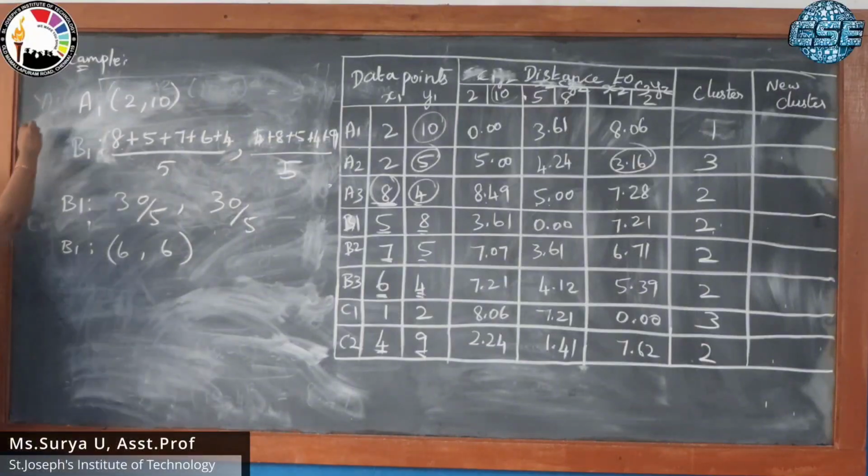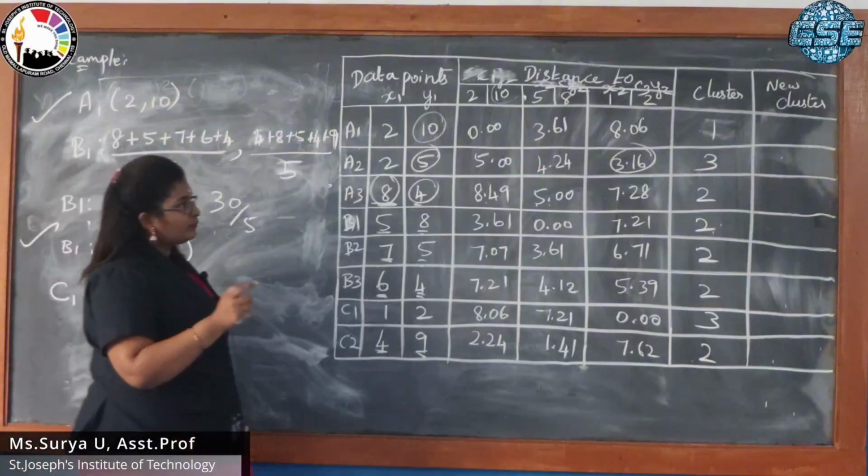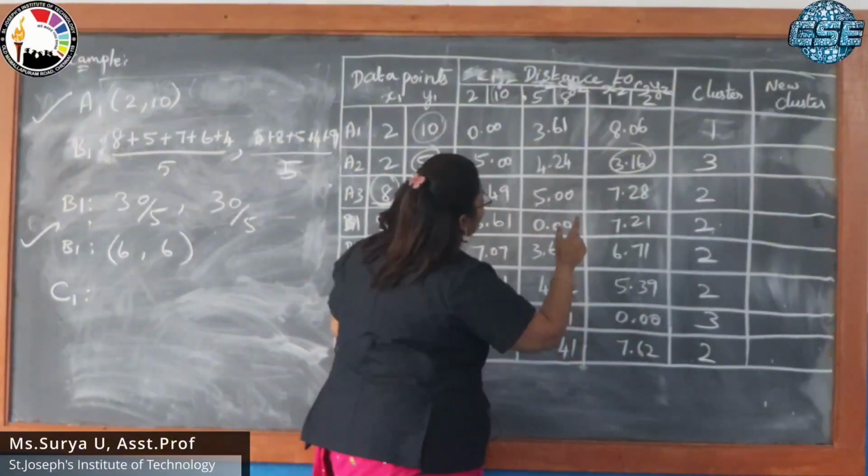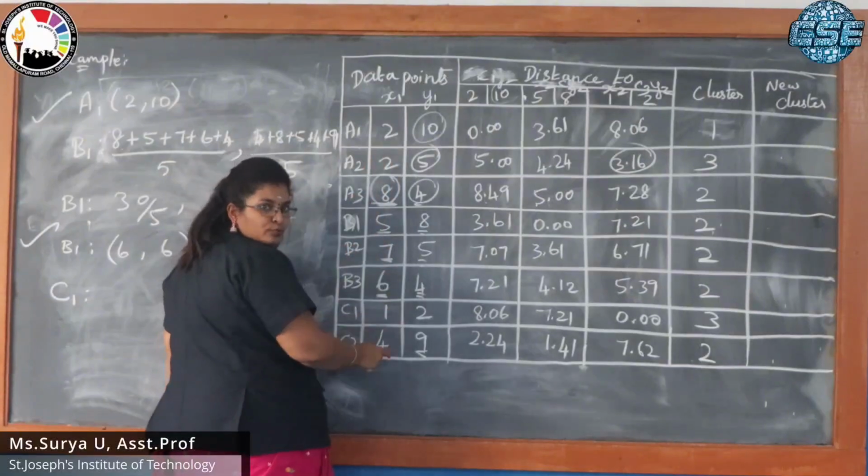We have found the new centroid of A1, and this is your new centroid of B1. Next, what do we have to do? We have to find it for C1. For C1, you have to check how many points there are. You have 2 points, so you take the average for those 2 points alone.